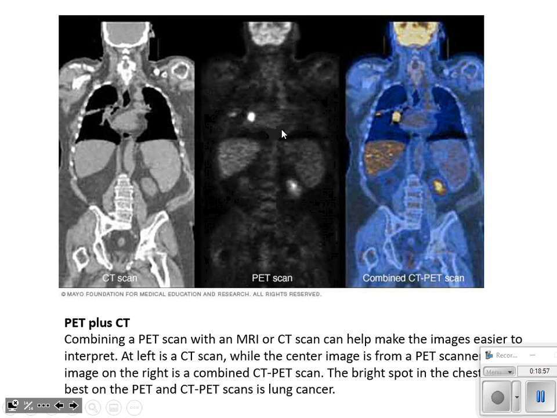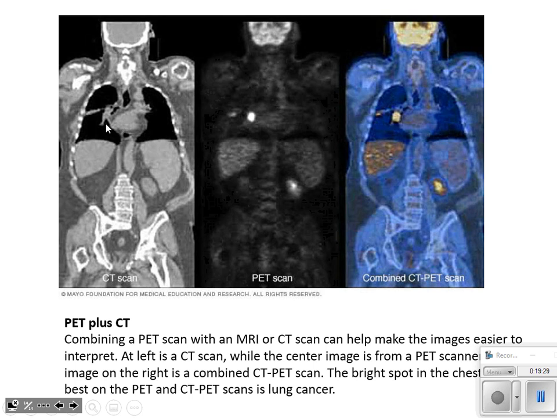So when we put these two together, this CAT and this PET scan, you can see the different body parts better, but see then right here is that tracer. What that is right there, that bright spot on the chest, is lung cancer. So if you look all the way over here in the CAT scan, does the CAT scan show anything with that?